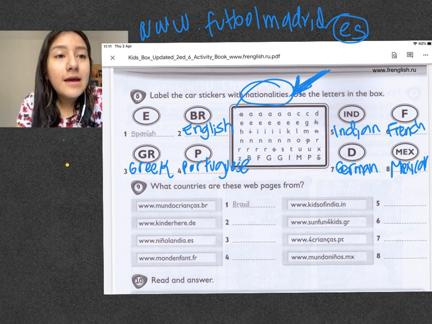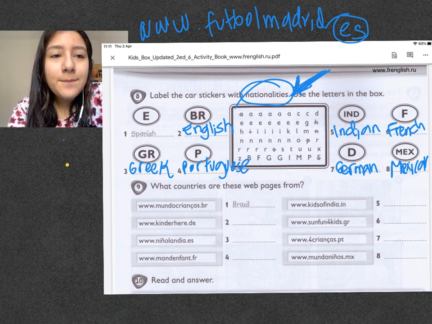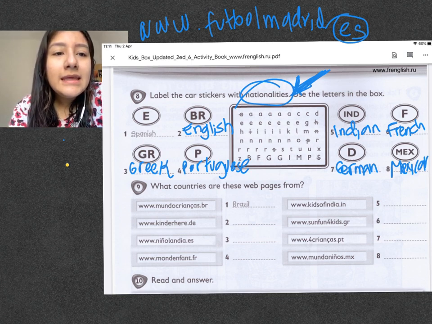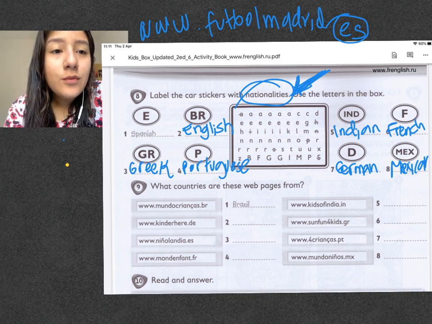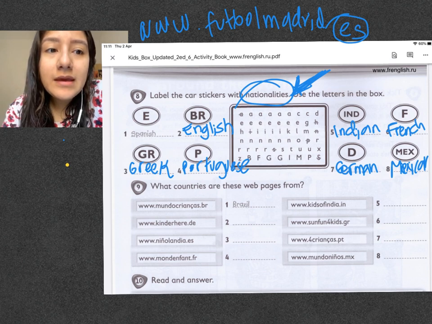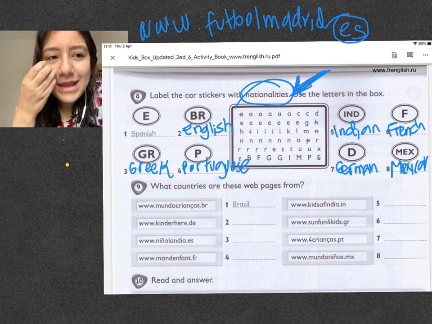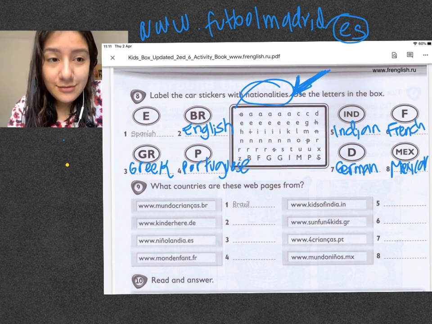Now let's put the right countries there. Okay, for example, here, that DE, it's number 2. Well, that's in German. So remember that the DE is for Deutschland, right?